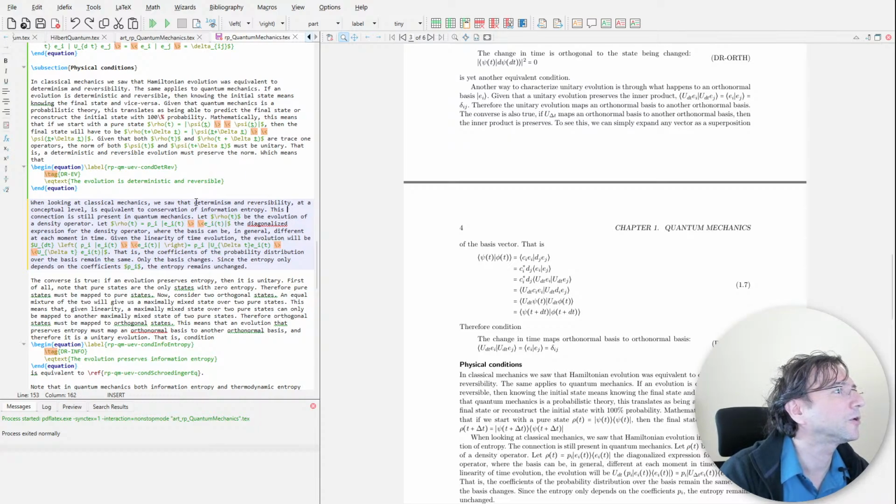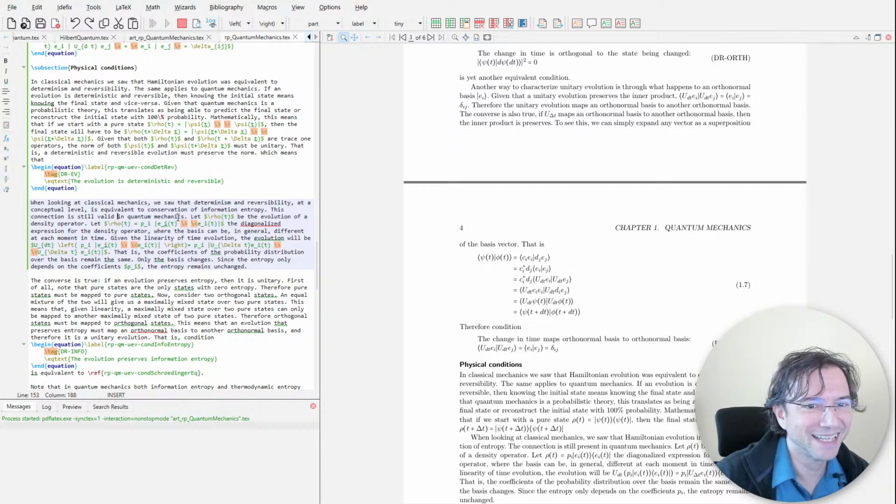This connection is still valid, and if it wouldn't be valid, it would be a problem.